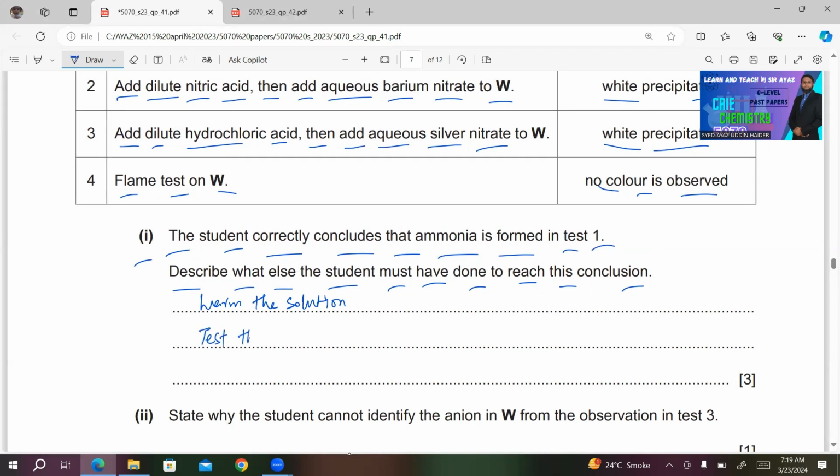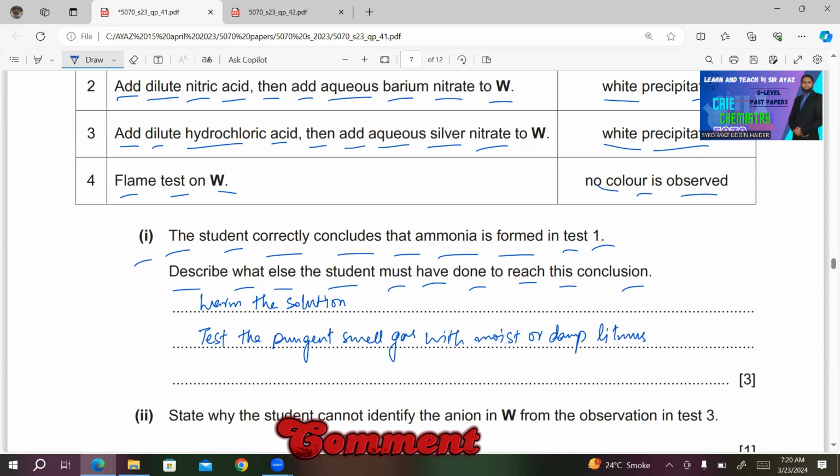Test the pungent smell gas, ammonia is a pungent smell gas in this case, with moist or damp litmus paper. Paper turns blue.